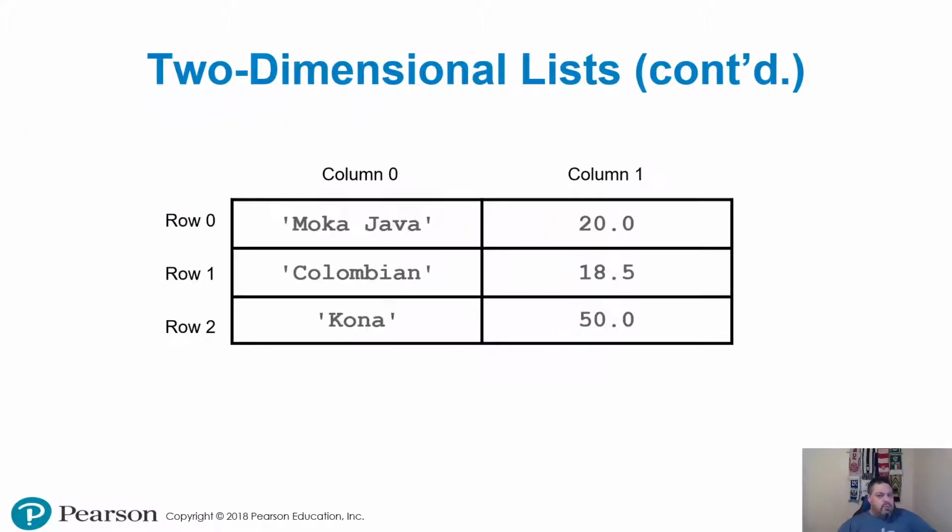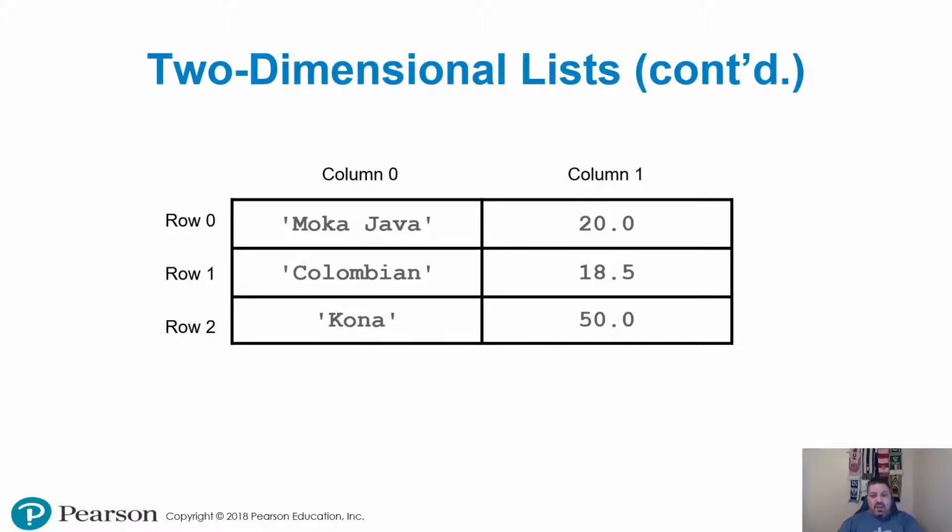More commonly, we talked about this last week, right? We talked about our coffee, and we were doing how many pounds we had of each brand of coffee, and if we were refilling them, that kind of thing. So again, if you think about this more like a spreadsheet, you'd have a description of the coffee, which was a string, and then a float indicating how many pounds of coffee you might have.